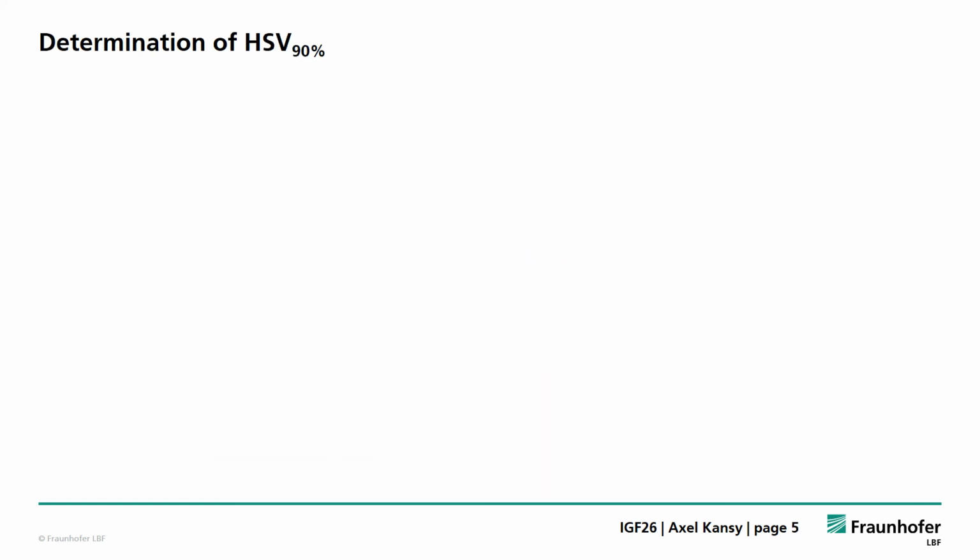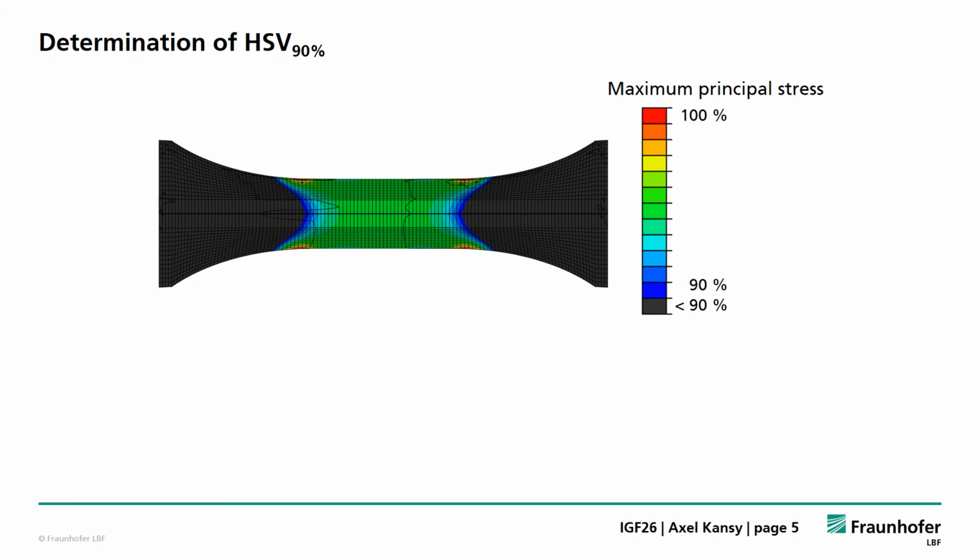The determination of the highly stressed volume was carried out by FEM simulation via Abaqus. Here you can see the simulation result for the small unnotched specimen under axial stress.